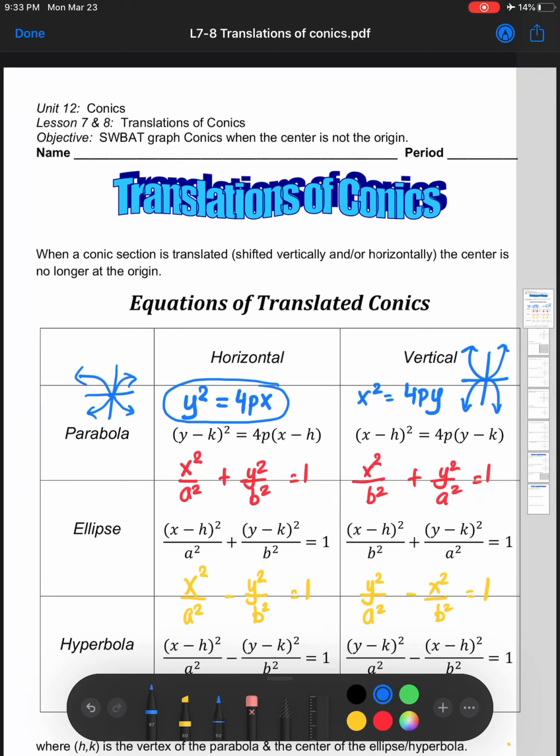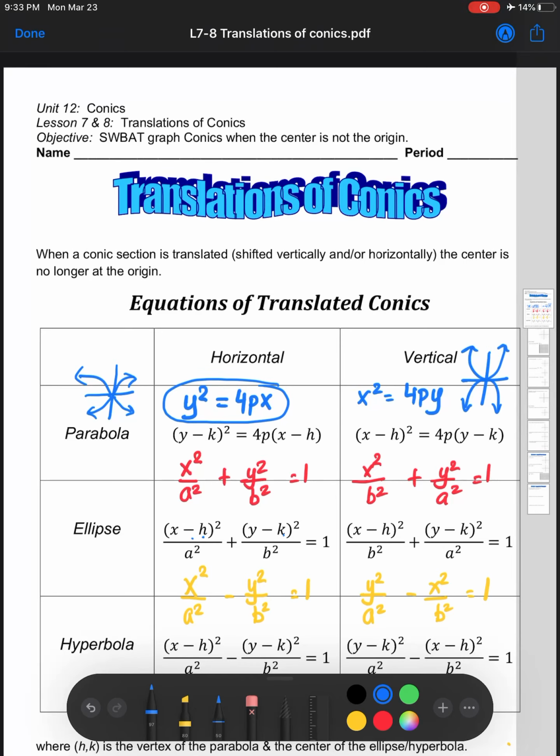The ellipse, how do I know it's an ellipse? It's equal to 1. It's in standard form. There's a plus sign between x squared and y squared, right? So look at the difference. If I am shifting it right or left, it's going to be minus or plus h, depending on what it is. And k would be your vertical shift, right?